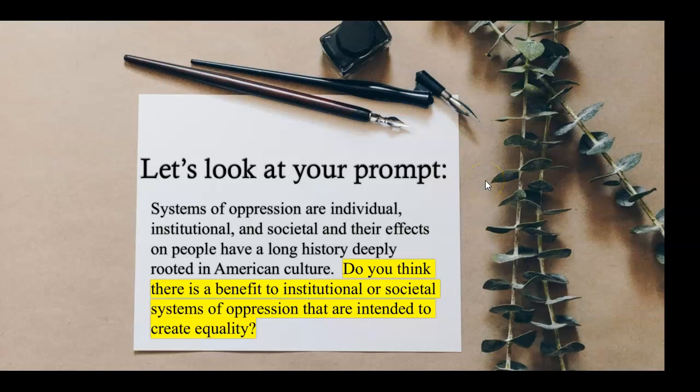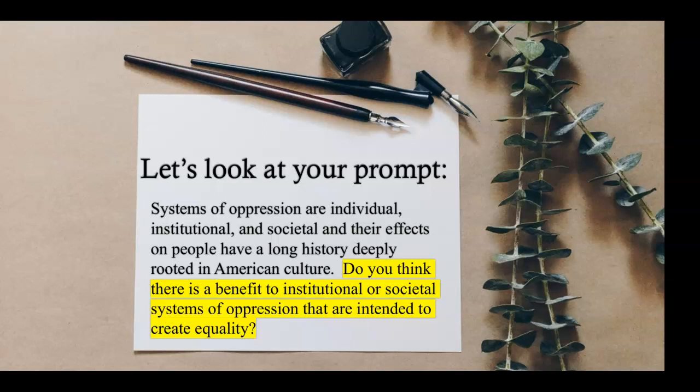Okay, so here is your prompt. So when I said a couple of minutes ago that I'm giving you the topic, I'm giving you the topic because it's in your prompt. I'm very specific about what you're going to write about, so you already have the topic. This is not something that you need to come up with on your own. So this is what the prompt says. It says, systems of oppression are individual, institutional, and societal, and their effects on people have a long history deeply rooted in American culture.